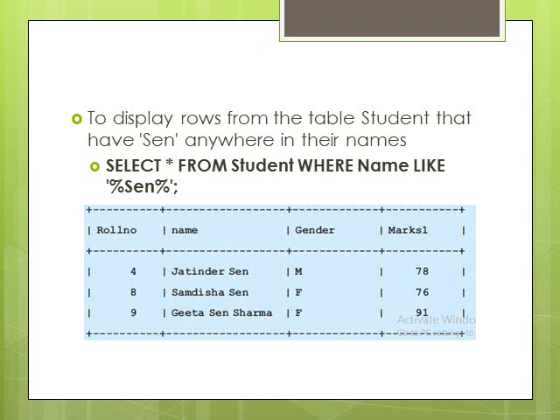So the query will be select star from student where name like percent SEN percent. From the output you can view it is showing Jatinder Sen, Samdisha Sen along with Geeta Sen Sharma. So in total it is showing 3 records, and in 2 records SEN is at the end, and in the last record SEN is in the middle.